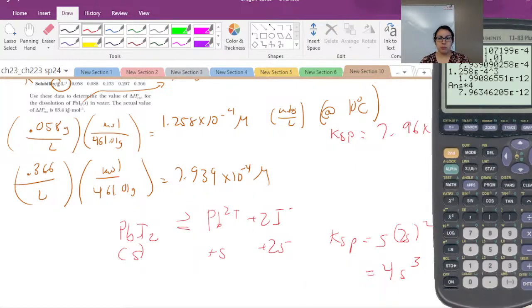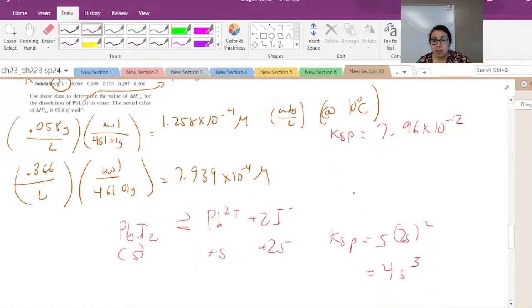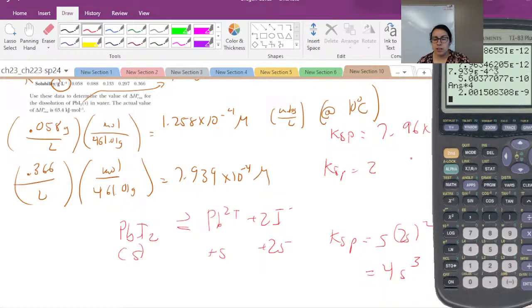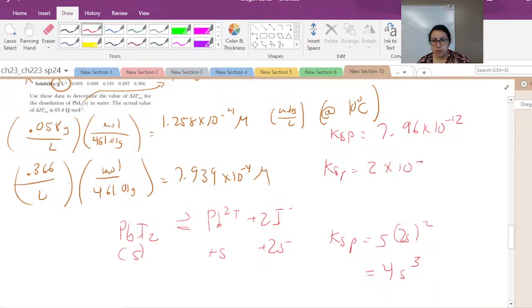And do the same for this one. So cube root, times 4 again. And so now we can at least appreciate their difference in KSPs. So KSP2 is about 2 times 10 to the negative 9 at this different temperature. Let me know if those values look okay. Double check me.